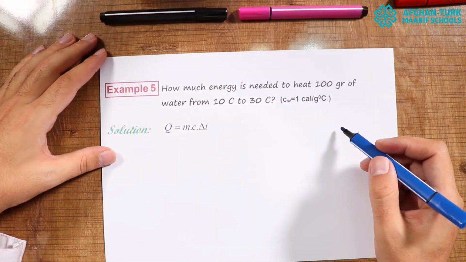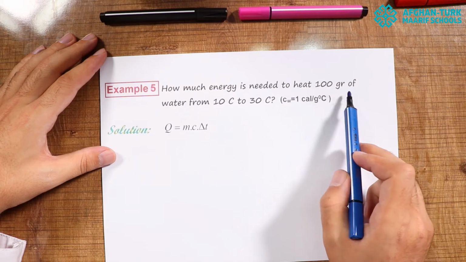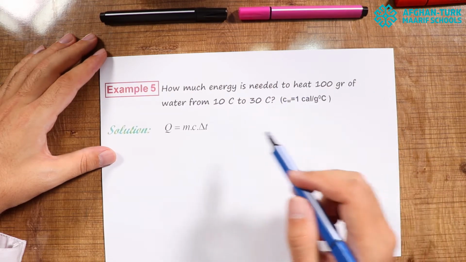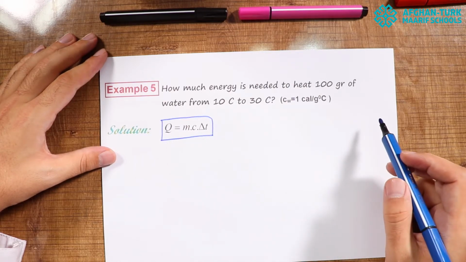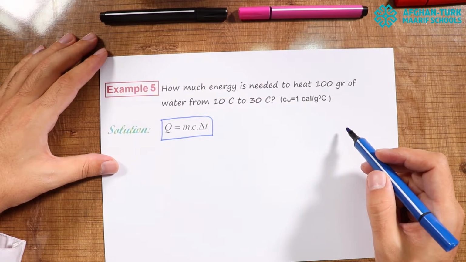Let's continue with a question about heat capacity. It says, how much energy is needed to heat 100 grams of water from 10 Celsius to 30 Celsius? And this is our formula: Q is equal to mc delta T. We try to find the Q, which is heat.